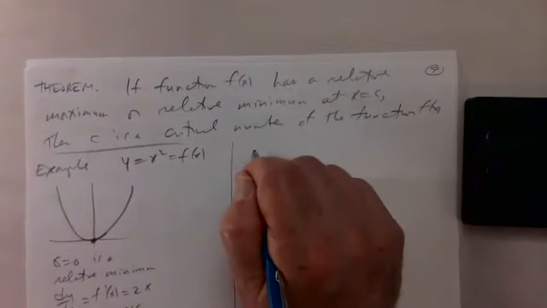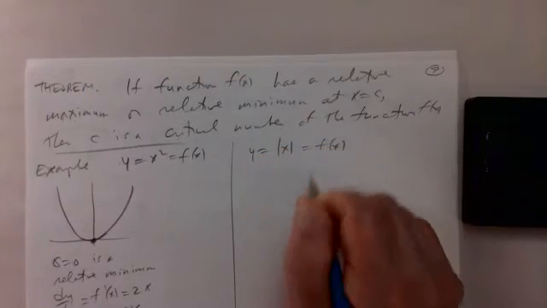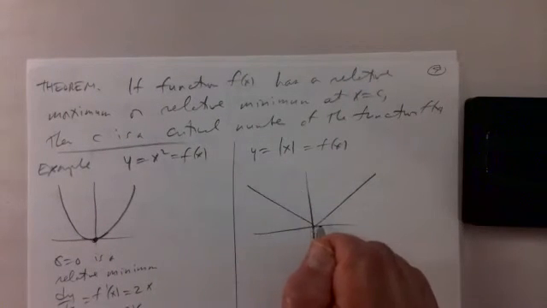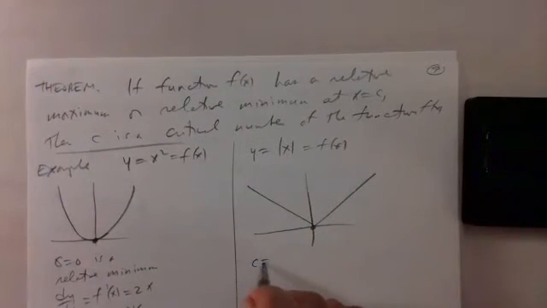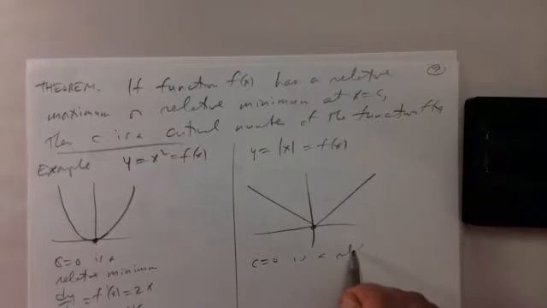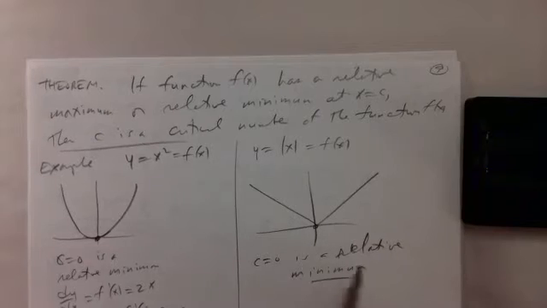What was the other example we looked at? y equals the absolute value of x. The graph looks like that. For this function also, c equals 0 is a relative minimum.